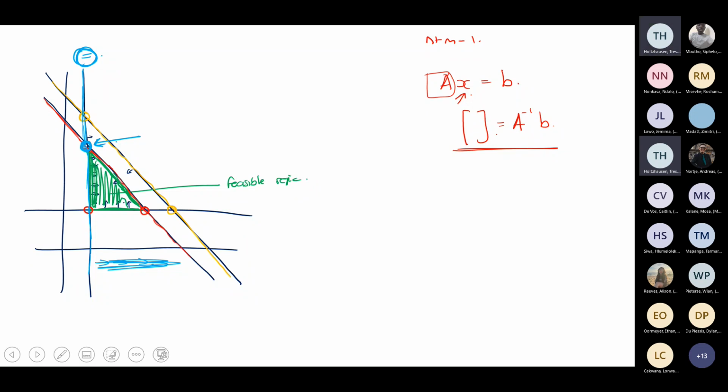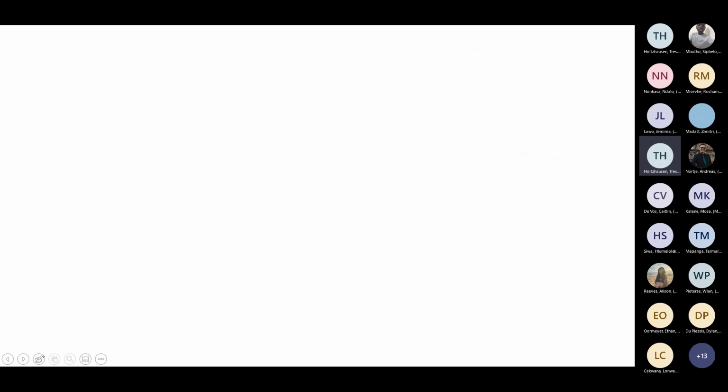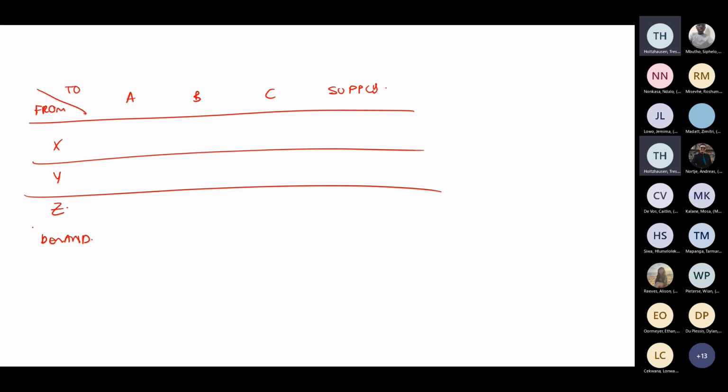Okay, so now let's go to the northwest corner method. So I'm going to draw that graph again. And yes, I'm drawing everything from scratch because I'm trying to bring in the different contexts for you. So let's just write that table again. From and to: A, B, C; supply: X, Y, Z; demand. We have that.